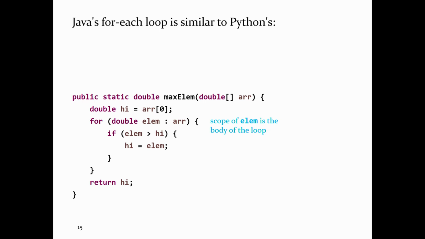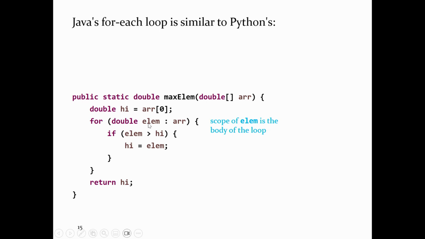But there are some things in Java where you would like to write a for each loop, but you can't. So for example, when we talk about strings later in this lecture, you're going to see that you cannot write a for each loop over a string in Java, which is strange because in Python you can. And so you have to be a little bit careful when you use Java's for each loop.